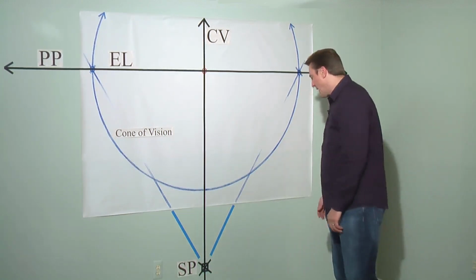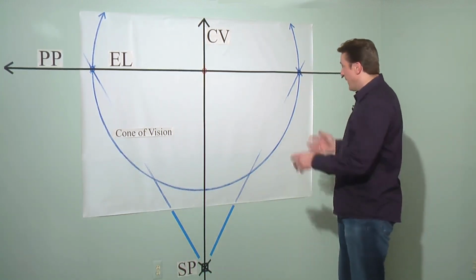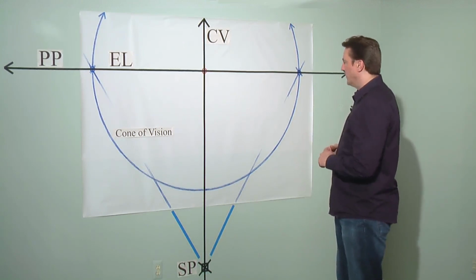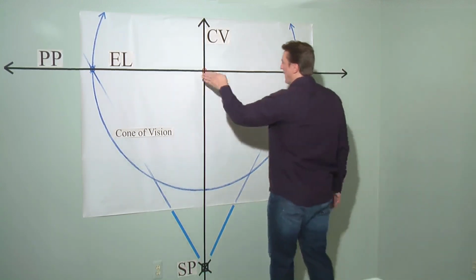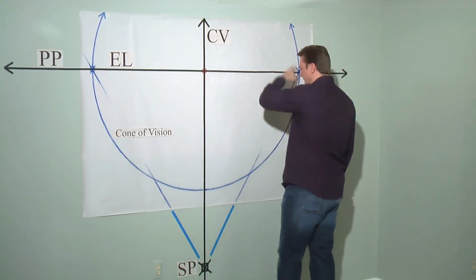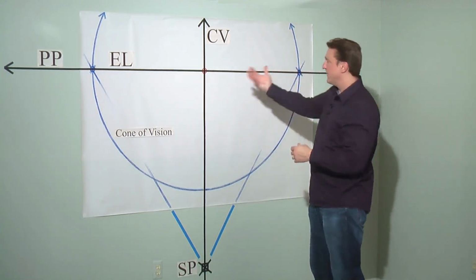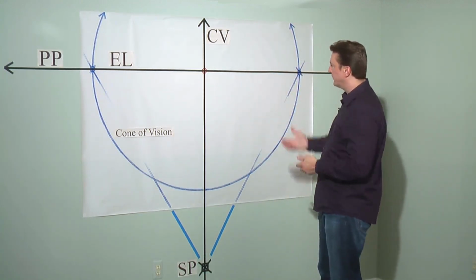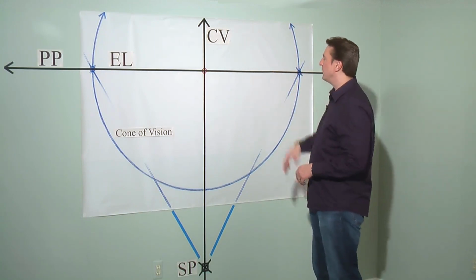If we look at that now and say, okay, traditionally, you have to understand that when you look at the world, we are in fact centered on the eye level crossing the center of vision, and the cone emanates from there. So that's in the middle of the cone. The SP is a particular distance that we choose, always relating to that same point.